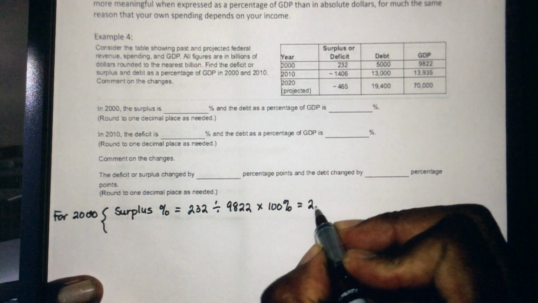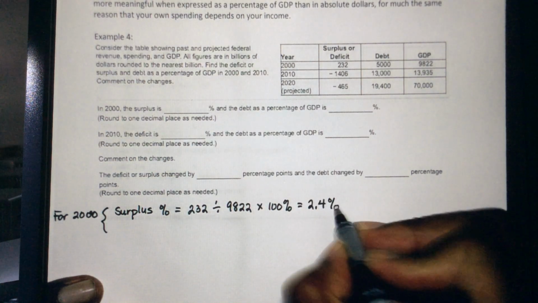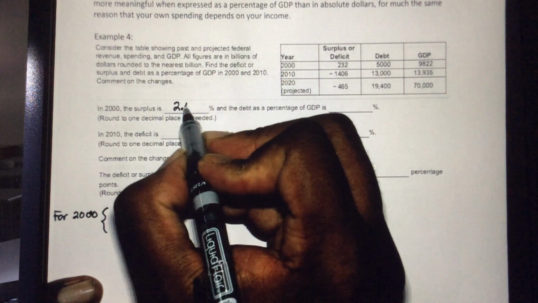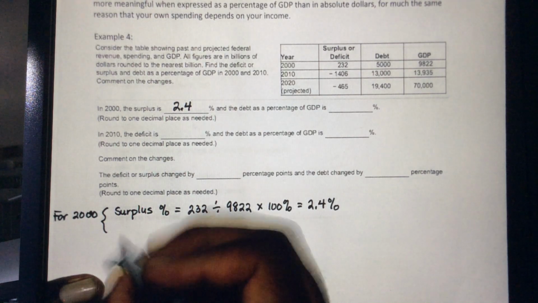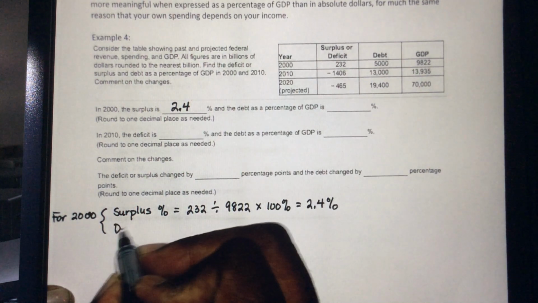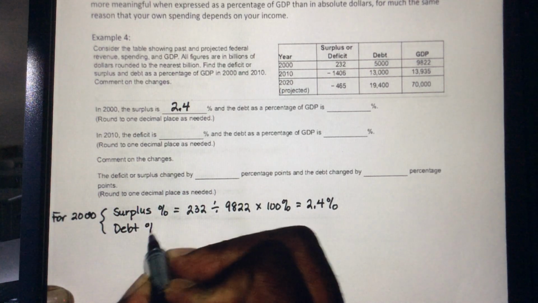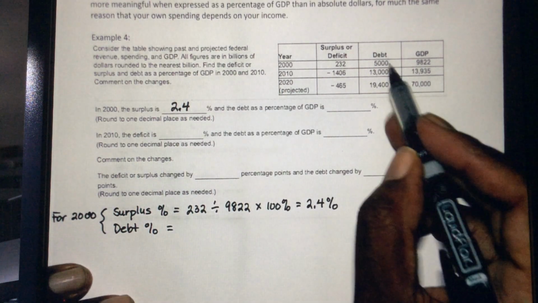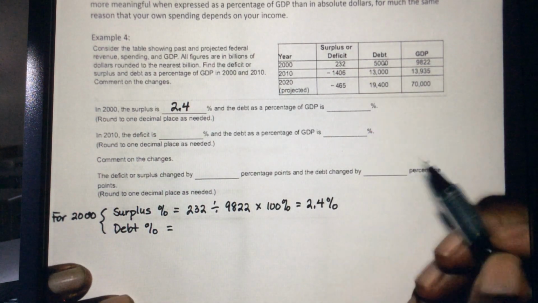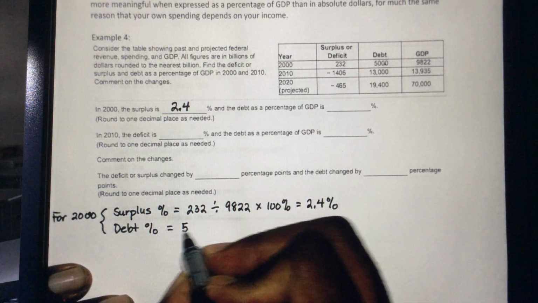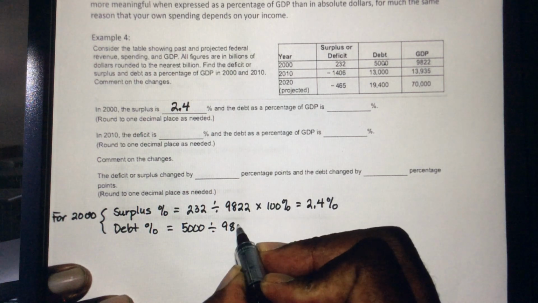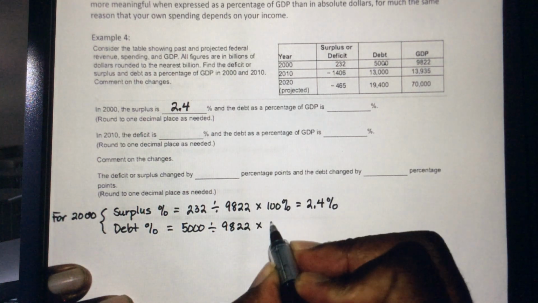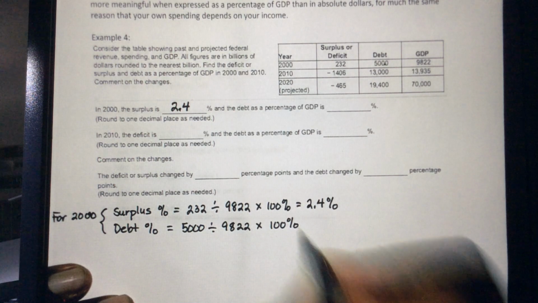So the surplus is about 2.4%, and now the debt as a percentage of GDP. So let's find that. Our debt here for 2000 is 5,000, divided by the GDP for 2000, which was 9822, times 100%.